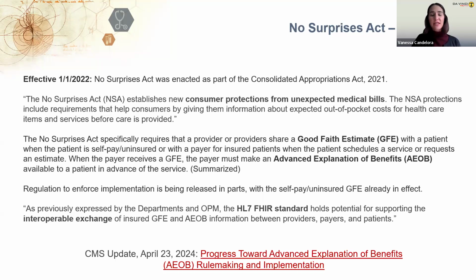And then when the payer receives that good faith estimate, or GFE, they will create an advanced explanation of benefit. Those of you may be familiar with your explanation of benefits that come after you have a service; this would be one in advance of services, and that should be made available to patients in advance. That's a summary, but that's where we're really going to focus today.